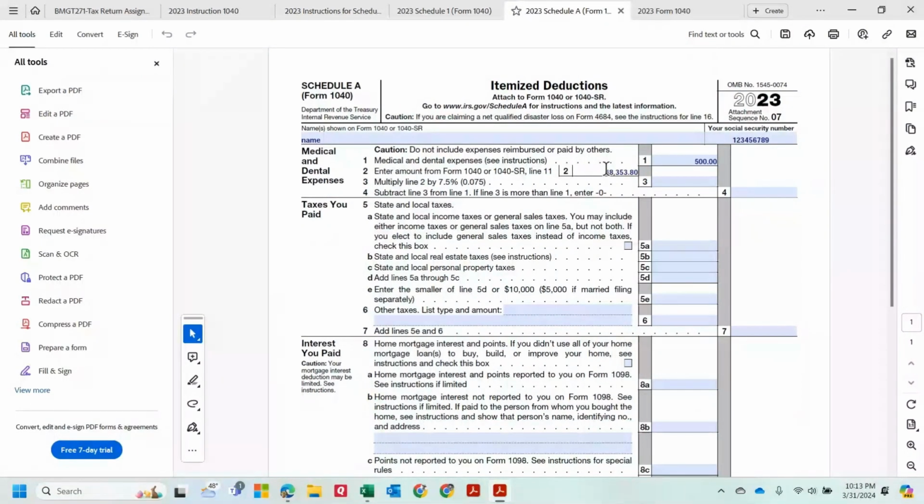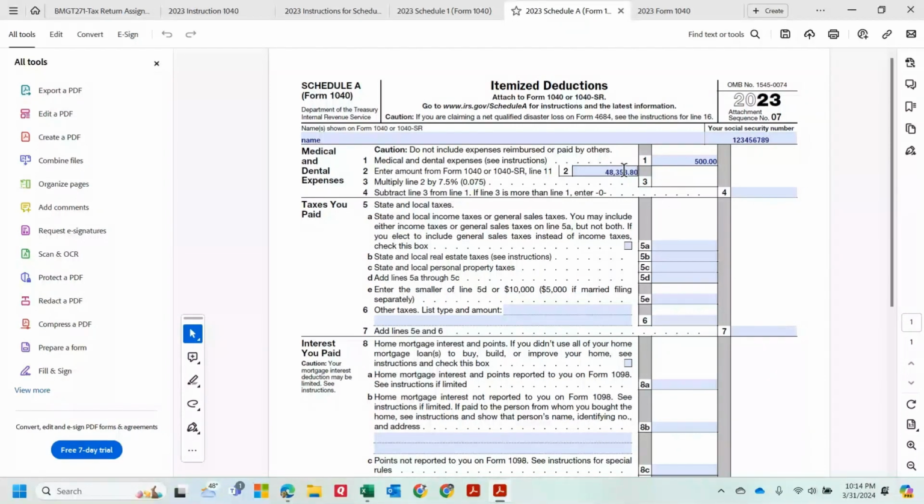What this is basically saying is if your medical expenses are a significant portion of your income, then we'll let you deduct it. If it's not, we won't. And what's a significant portion? A significant portion is this percentage right here, 7.5%. So I take my income, 48,353.80, and I multiply that by 7.5% or 0.075.